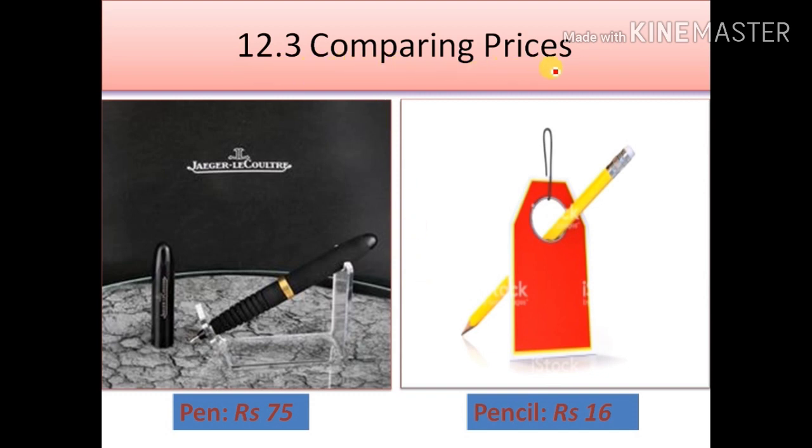12.3, comparing prices. In your examination you may be asked a question with an instruction: make price comparison of the following things. So let's know how to make price comparison. So in the image you can see pen as well as pencil with their price tag.